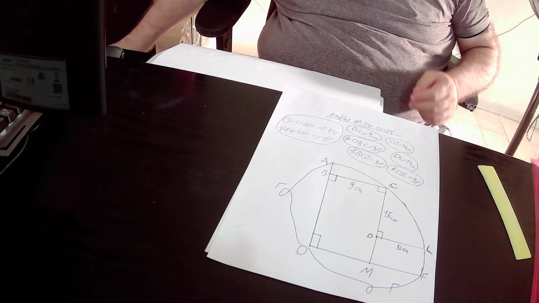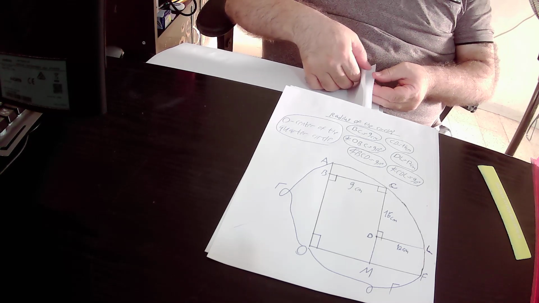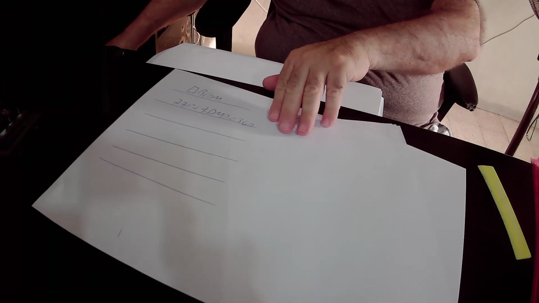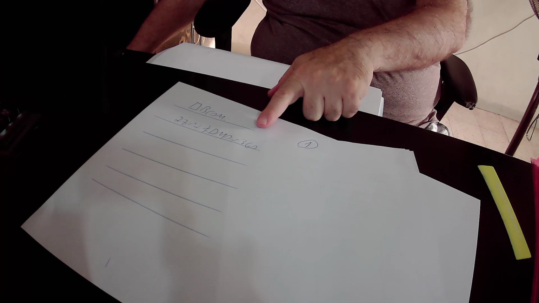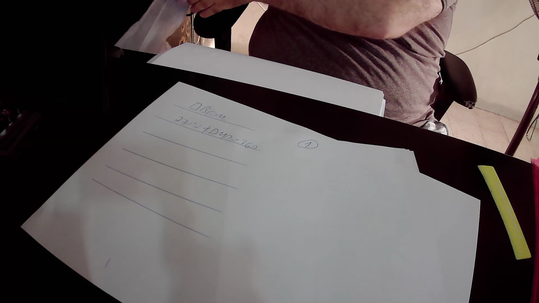Okay, so here we got this equation. The sum of the angles in quadrilateral BCOM is equal to 360 degrees.